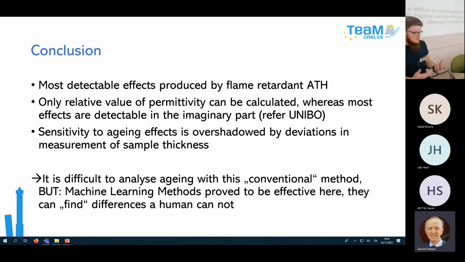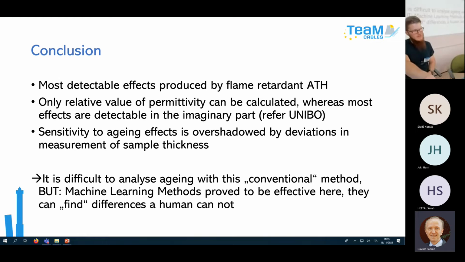And most of the effects are detectable in the imaginary part, as Davide showed. Now, the sensitivity to aging effects, of course, is overshadowed, as we just saw, by the deviations in measurements of the sample thickness. Keep in mind, this is all for the conventional method.